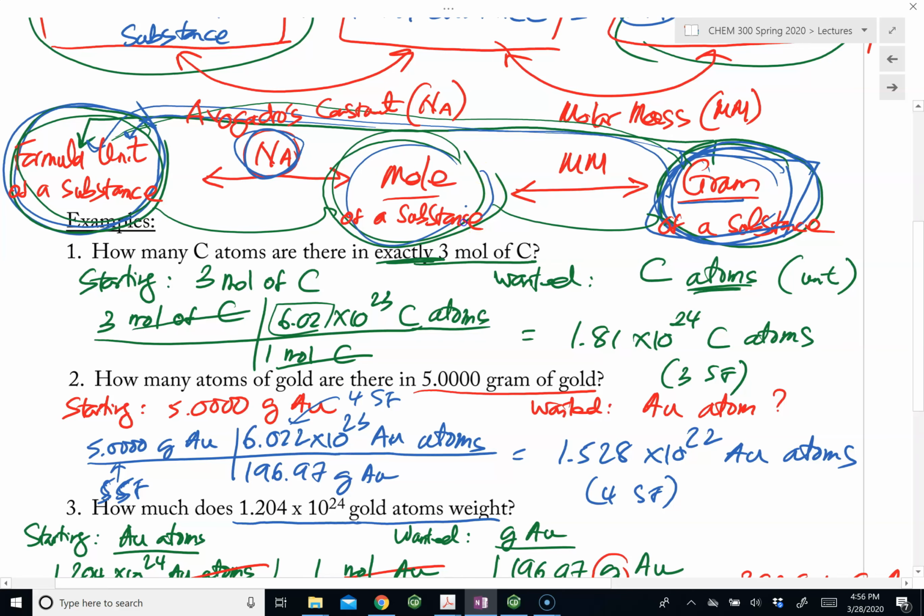And once we get to mole of a substance already, we can convert this into gram by using the molar mass. Now again, molar mass converts mass to mole or mole to mass. So that will be a nice way for us to remember that. And again, molar mass converts mass to mole or mole to mass, depending on which unit that we put on the numerator and which one that we put on the denominator. We can convert mole to mass or mass into mole by utilizing the conversion factor.